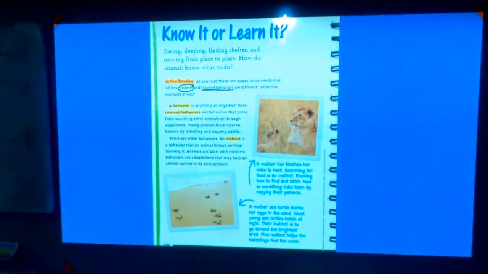Young animals learn how to behave by watching and copying adults. An instinct is a behavior that an animal knows without learning it. Animals are born with instincts. Behaviors are adaptations that may help an animal survive in its environment.